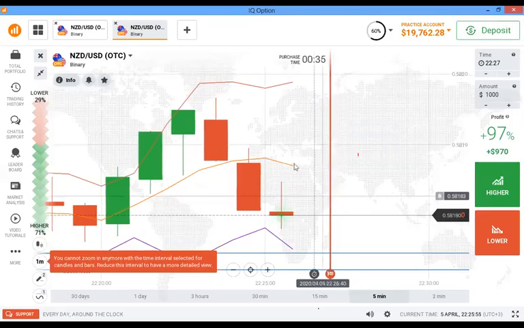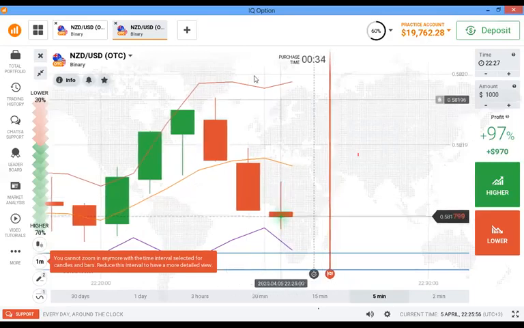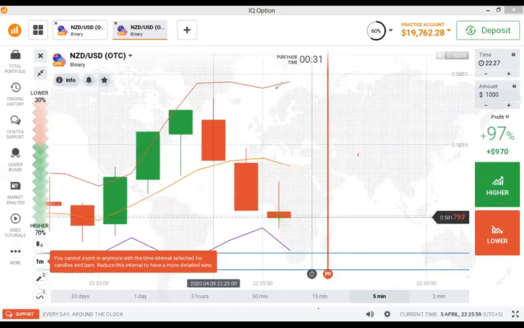If you look at this Bollinger Band, here, this is what I do. This is one strategy about Bollinger Band.